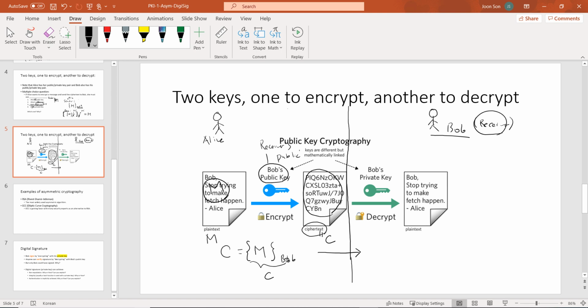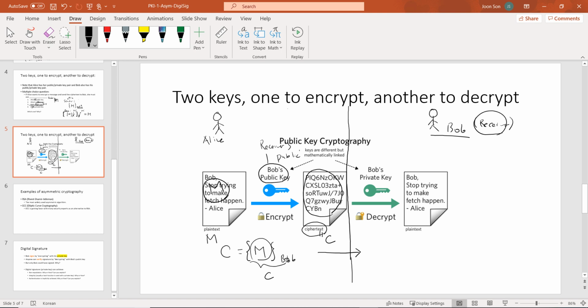So what is Bob going to do to retrieve the plain text M? Bob knows his own private key, and this private key is only known to Bob.